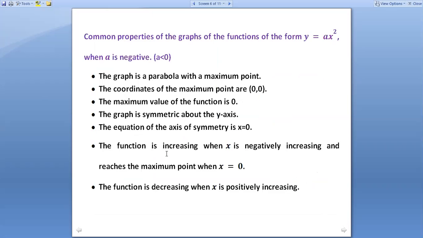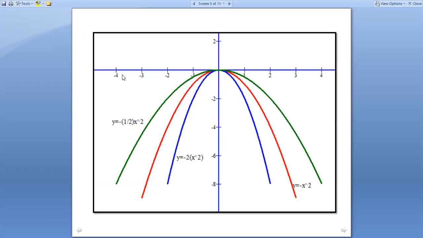The function is increasing when x is negatively increasing and reaches the maximum point when x is equal to 0. When x increases negatively, the function increases and it reaches a maximum point at x equals 0. And when the values of x increase from 0, the function starts decreasing negatively.